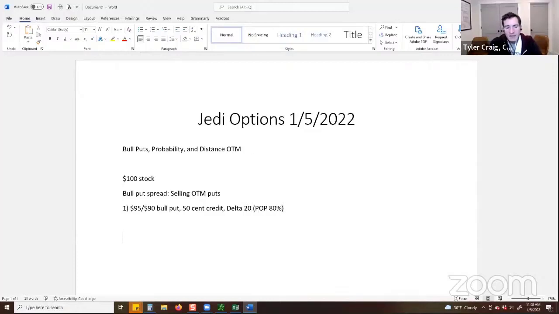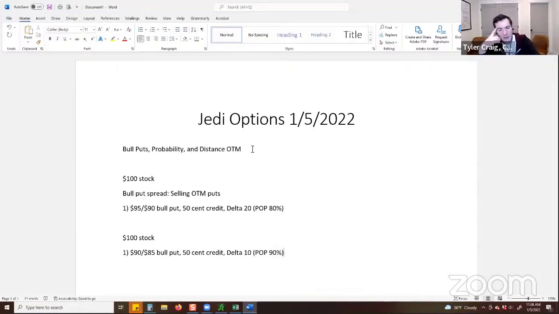Well, if I have another stock that's trading for $100 and I'm able to do a 90-85 bull put and get a 50-cent credit, and maybe it has a delta of 10, my probability of profit is 90%, right?